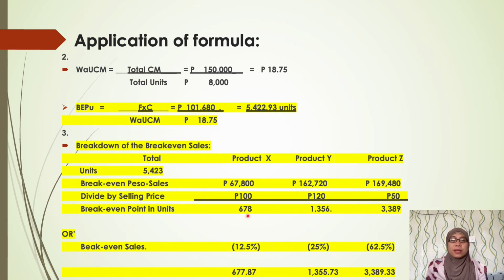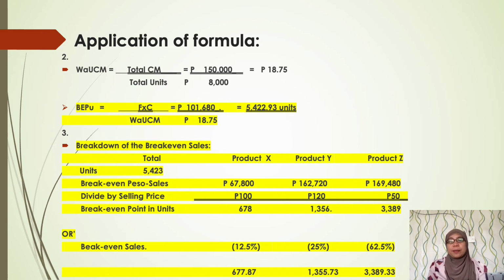So, actually, dito, gina-round off lang ito, pero same lang yan sila. To sum up all these values, we will get 5,423 pa rin na total. So, yan yung answer natin for number 3.